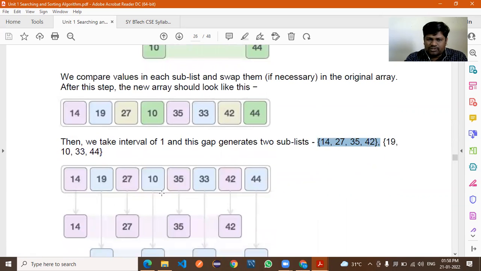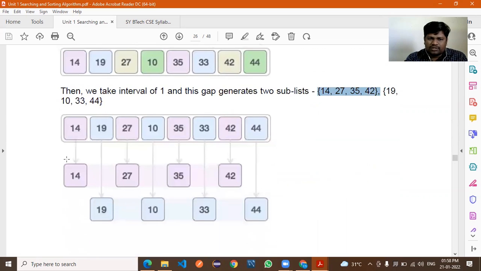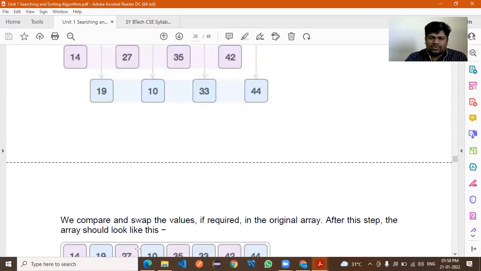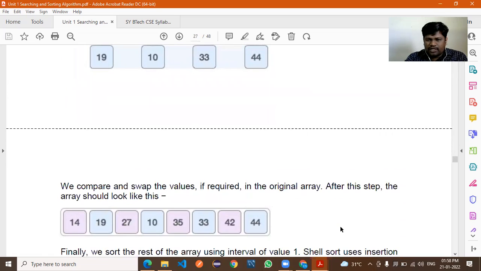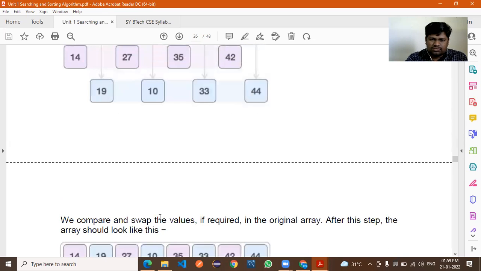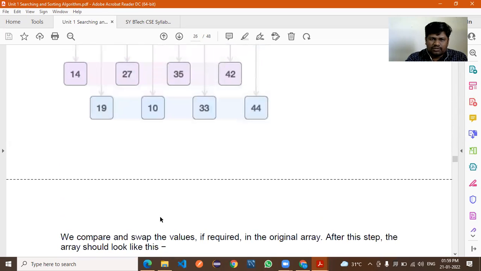Now compare and sort the elements. Here you can see 14, 27, 35, 42 and 19, 10, 33, 44. Now we compare and swap the values if required in the original array. After this step, the array should look like this: 14, 19, 27, 10, 35, 33, 42, and 44. Is it right?